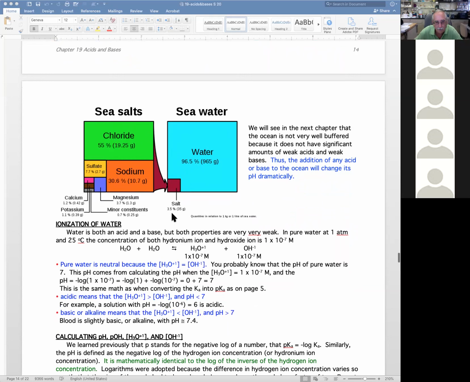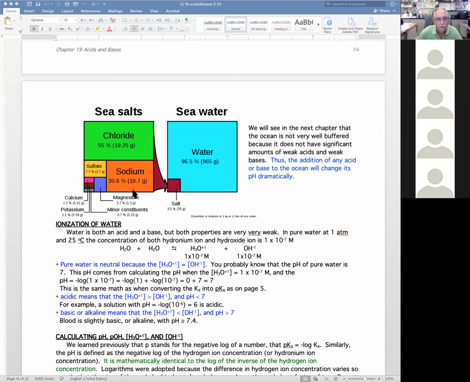Seawater is only about 3.5% salt, the rest of it is water. If you take that and analyze it, mostly it's sodium chloride, which will not affect the pH. But look at sulfate. It's 7.7% of all the salts in the ocean. That's a very high amount.